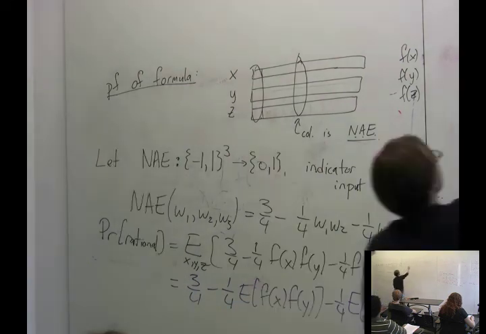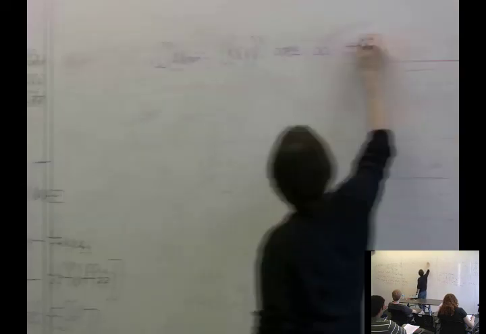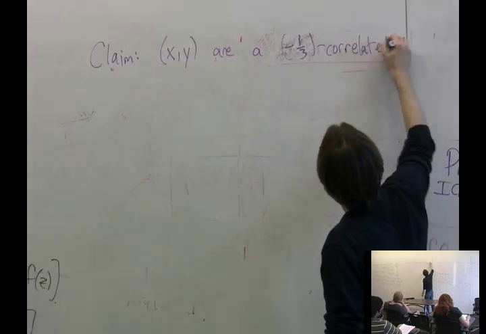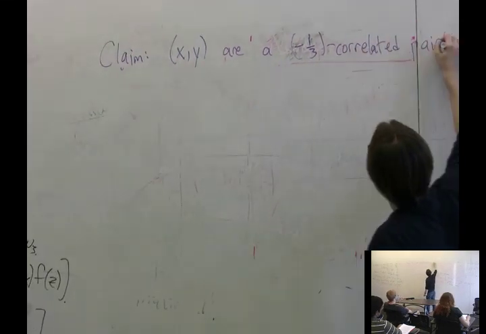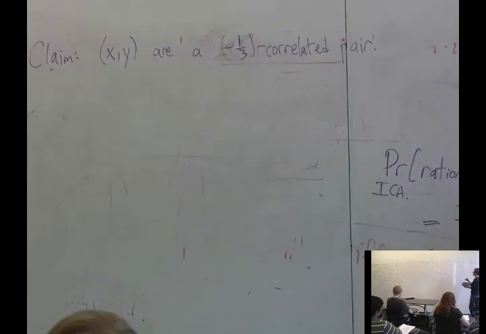And I claim that x and y are a -1/3 correlated pair, if you just look at x and y.